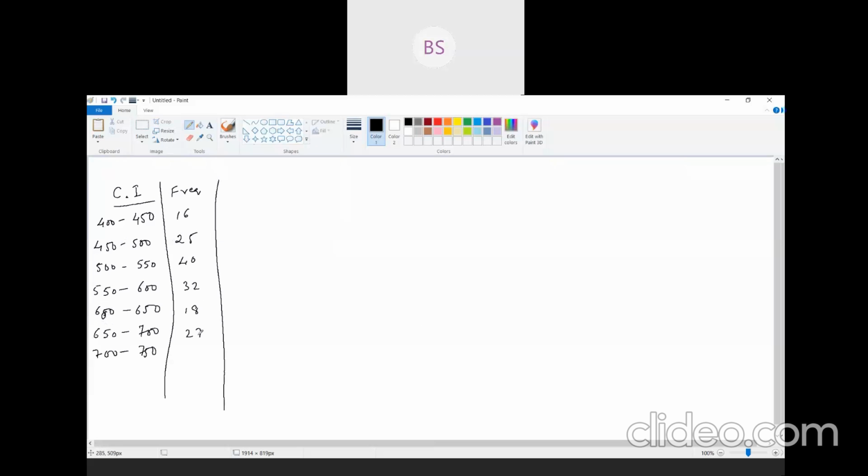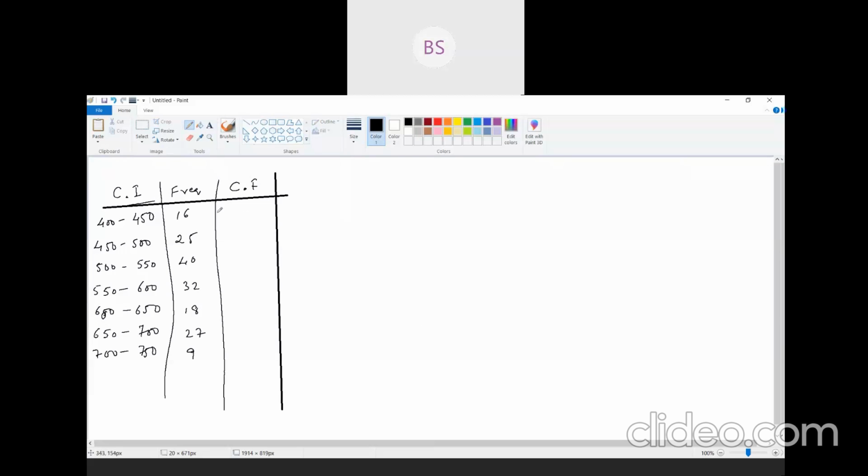Okay, so here we can see they have given us the class intervals and frequencies where we have to draw an ogive, right? So to draw an ogive, first we have to always find out the cumulative frequency, CF. Okay, so first we will find out the cumulative frequency. Now to find out cumulative frequency, we go on adding the frequencies. It is for 6 marks, Sadanand.